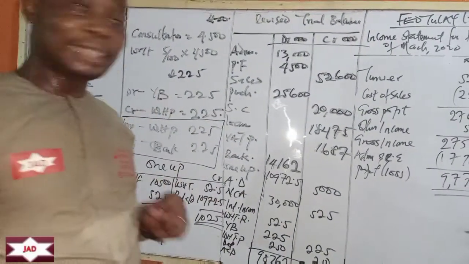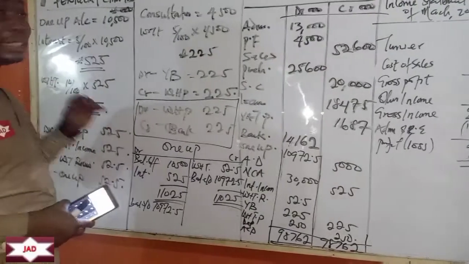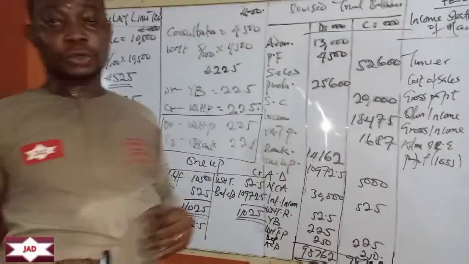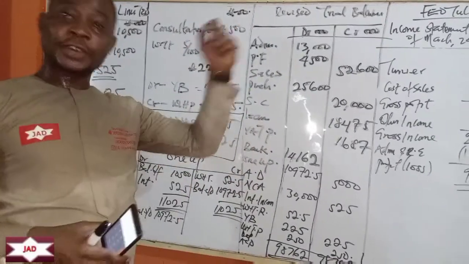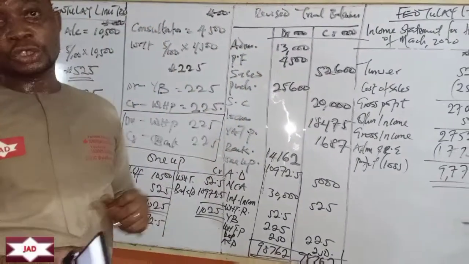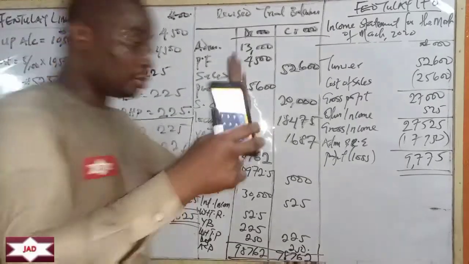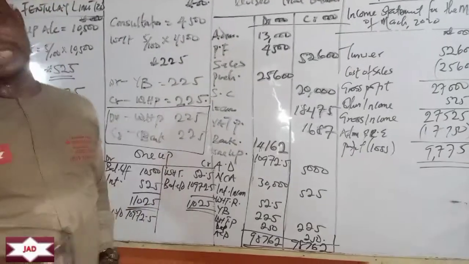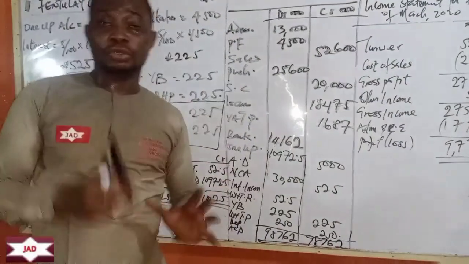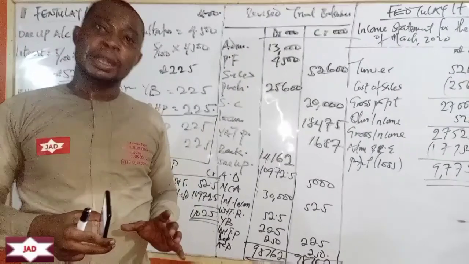And don't forget, like I said, you must follow up with whoever has deducted withholding tax from you to get a credit note. And for anyone that you have deducted tax from, you must give a credit note for the tax that you deducted. So this is a simple illustration helping us understand how to account for withholding tax payable and withholding tax receivable. Generally, we're able to look at how to account for withholding tax from the accountant's perspective.